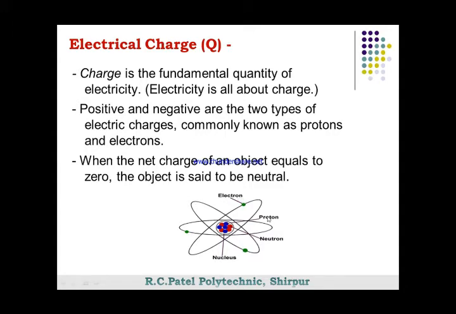Protons are positively charged particles, so they have a positive electric charge. Electrons are negatively charged. These electrons are always revolving around the nucleus, and the neutrons, which have no charge, are situated at the center along with the protons, and the center is called the nucleus.